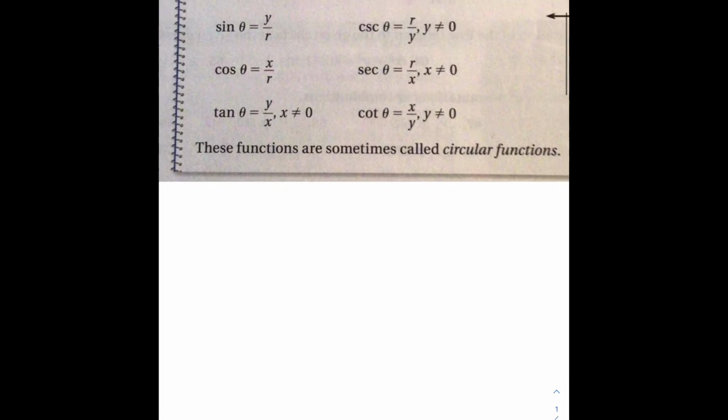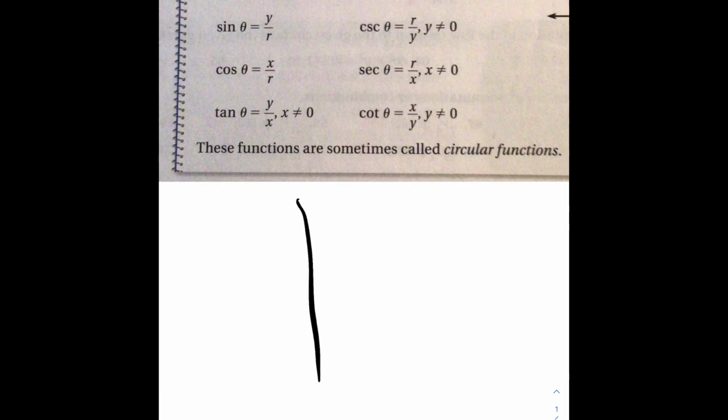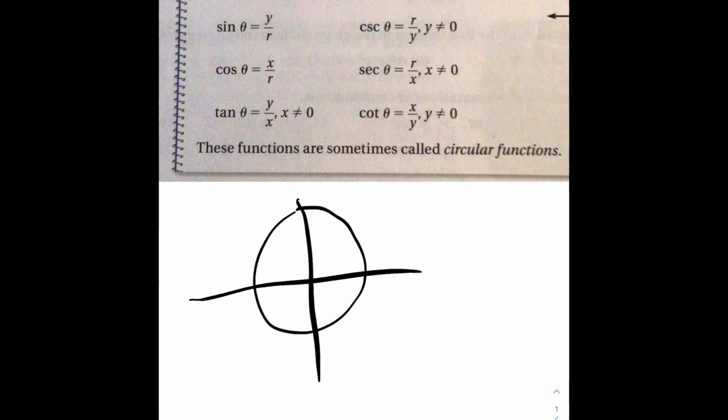So if I draw up a problem, let's say we have a circle, looks something like this. We're going to call this right here, let's do blue, our equation, or our line. All right, this is the point -4, 3.